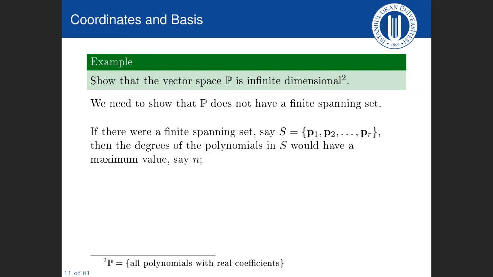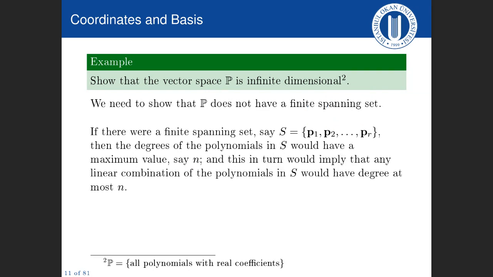Now, one of these polynomials will be the polynomial with the biggest degree. Whatever it is, let's say n is the biggest degree of the polynomials in set S. That in turn means if we take any linear combination of the polynomials in set S, then we would end up with a polynomial of degree at most n.